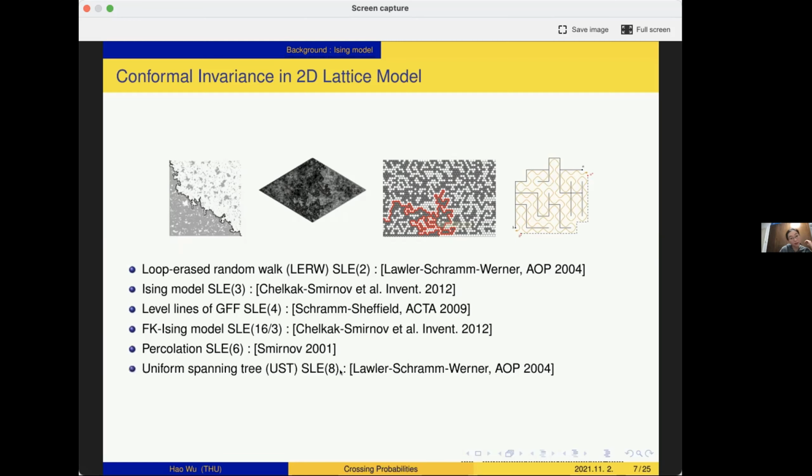The last one is the uniform spanning tree. So in fact, this is a dual model to the loop erased random walk. Both of these models are conformally invariant and they are proved in the same paper. Okay, so this is the 6th model for which we know that conformal invariance holds.